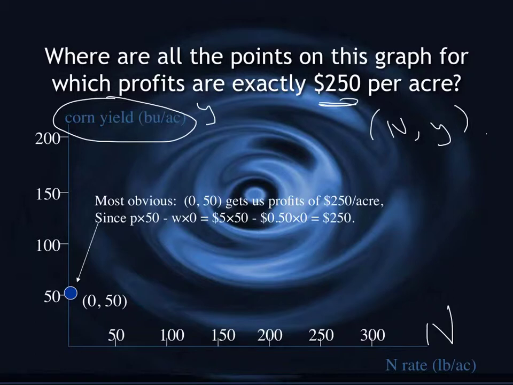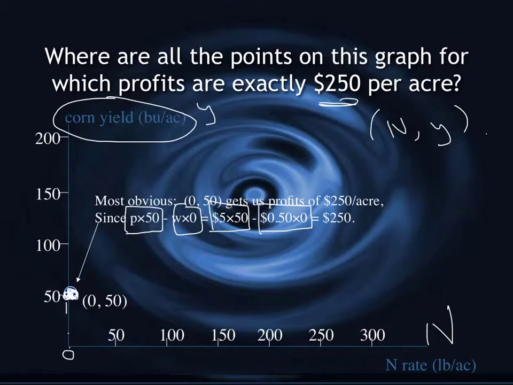Now the most obvious point is this point. If we put on 0 nitrogen, we know that the field will yield 50 bushels of corn. So if you have 50 bushels of corn, then your revenues are 5 times 50, P times 50. And your costs for nitrogen are 0 because you're not putting on any nitrogen. So your costs are 0.50 times 0, which is 0.